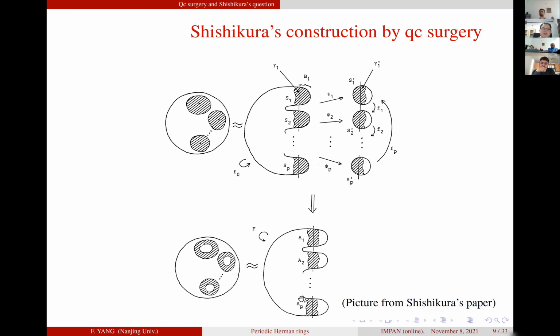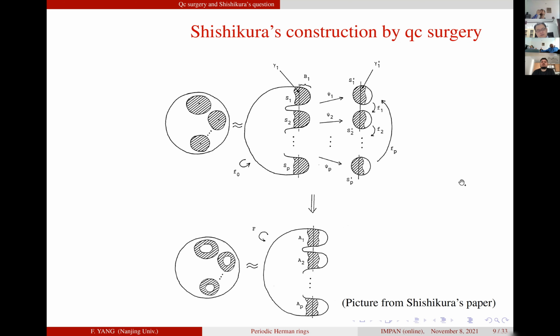He also obtains a Riemann sphere and a quasi-regular map, big F. He can prove there exists an invariant complex structure for big F. Then he can obtain a rational map realizing big F such that the resulting rational map has a cycle of Herman rings with rotation number theta. And the rotation number is the same as that of the original map F naught.